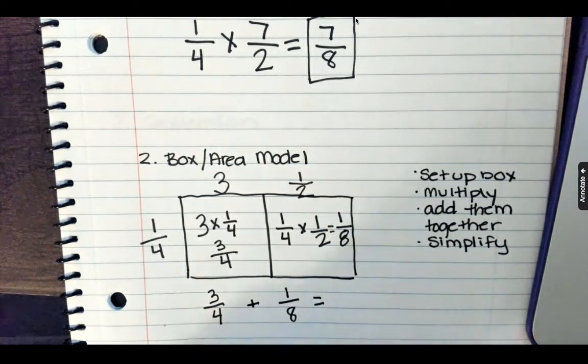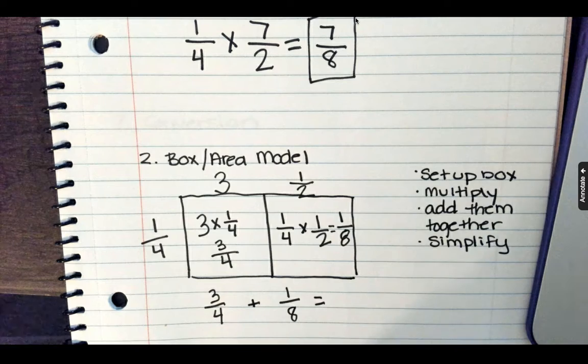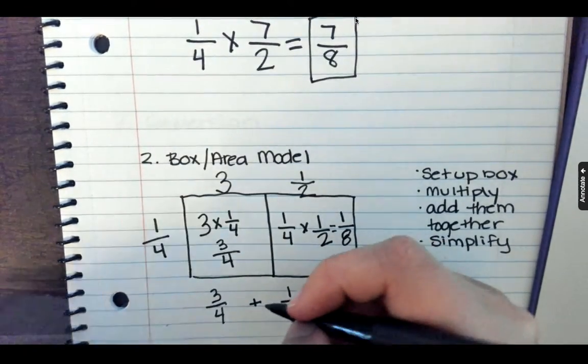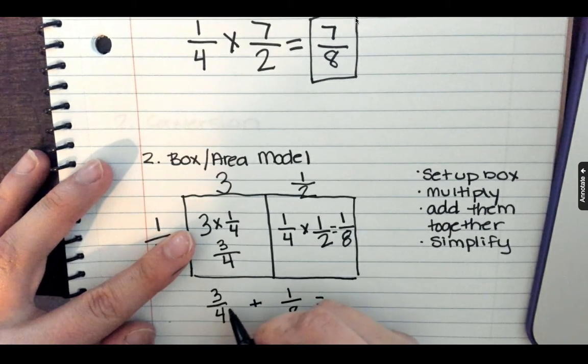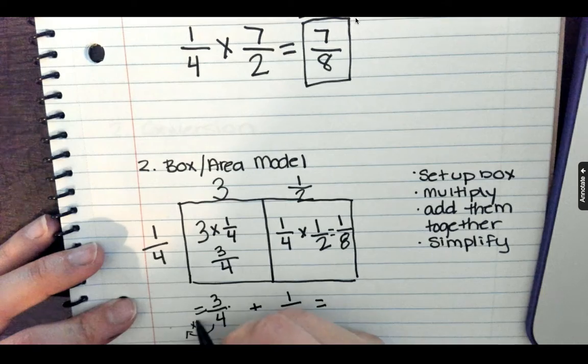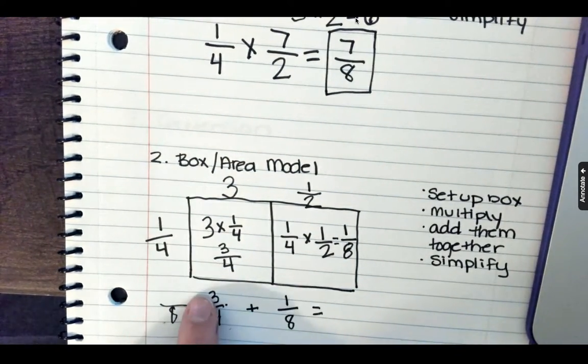Now, if you remember back, we can't add fractions together unless they have the same denominator. Now, I can make my 3/4 into eighths because 4 times 2 is 8. So, if I do 4 times 2 and I get 8, whatever I do to the bottom, I need to do to the top.